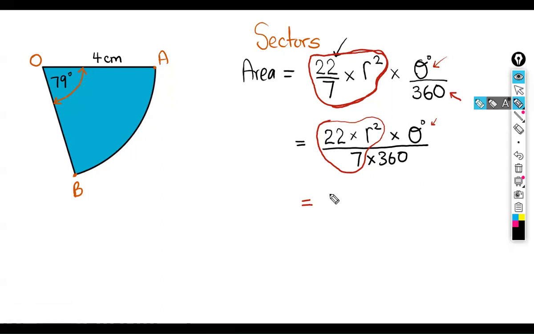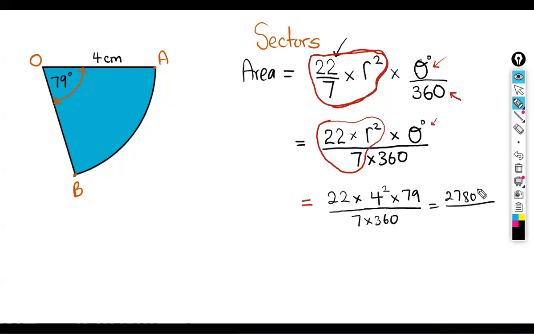So it's 22 multiplied by the radius squared. This time the radius is 4, so it's 4 squared. The angle is 79 degrees. It doesn't matter if it's an odd angle. And underneath is 7 multiplied by 360. So 22 multiplied by 4 squared, for the top, I'm getting 27808.